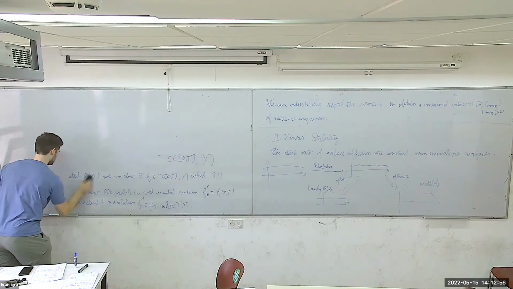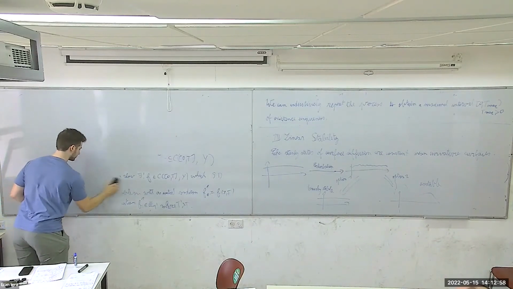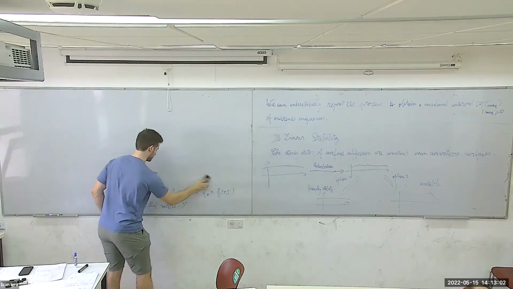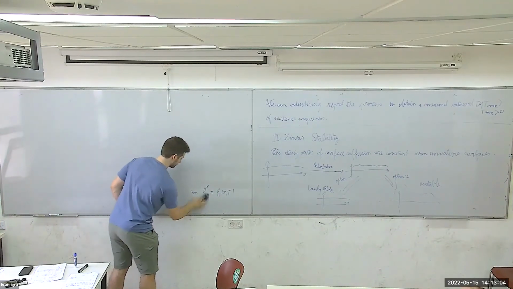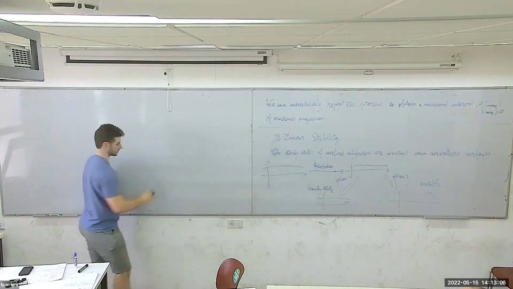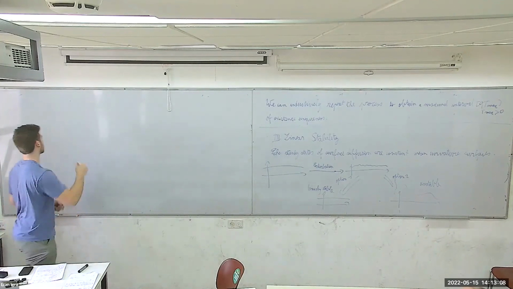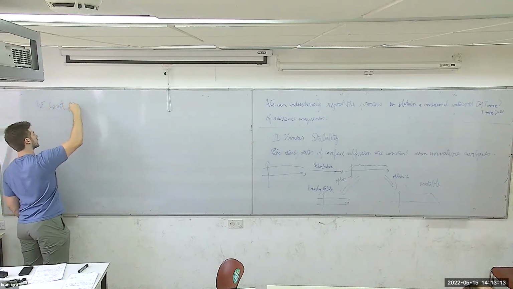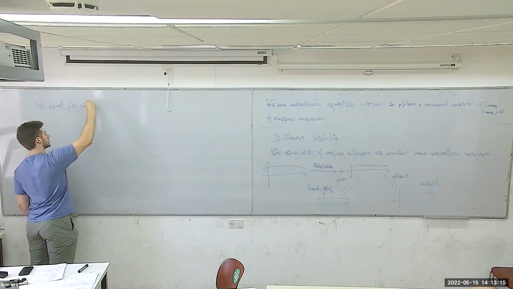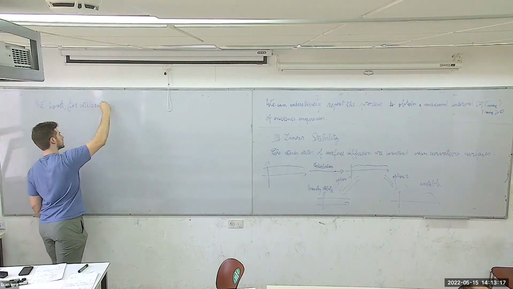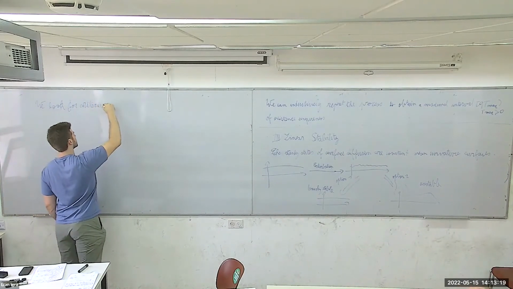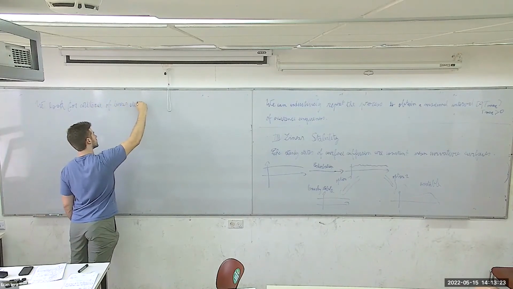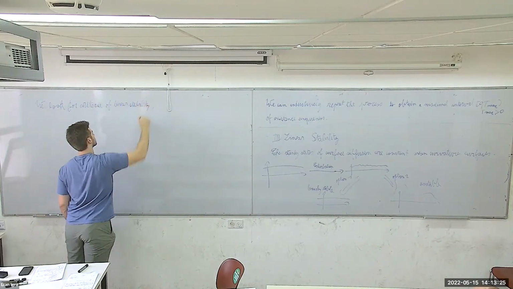So the idea of linear stability is we look for a criteria. All right.